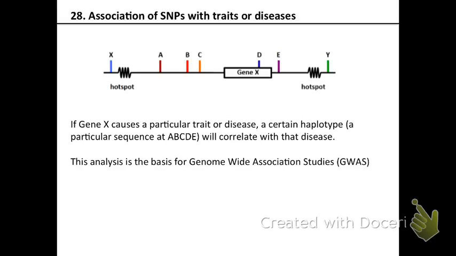Furthermore, if a certain gene X causes a particular trait or disease, a certain haplotype, basically this particular sequence at these SNP sites, will correlate with that disease, right? So this is the basis on which genome-wide association studies are performed.